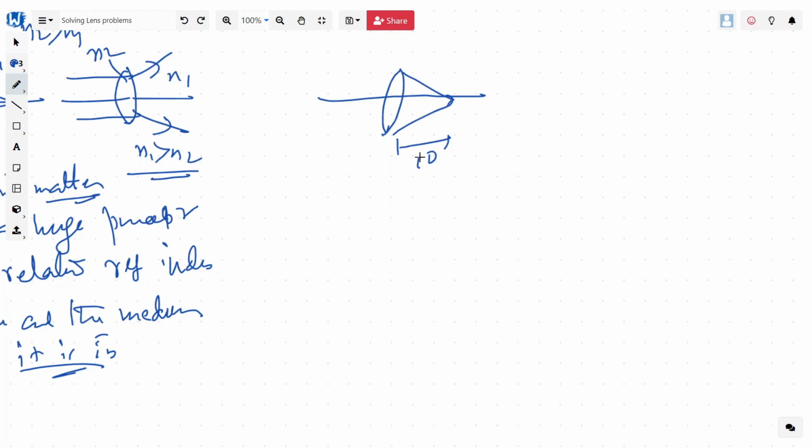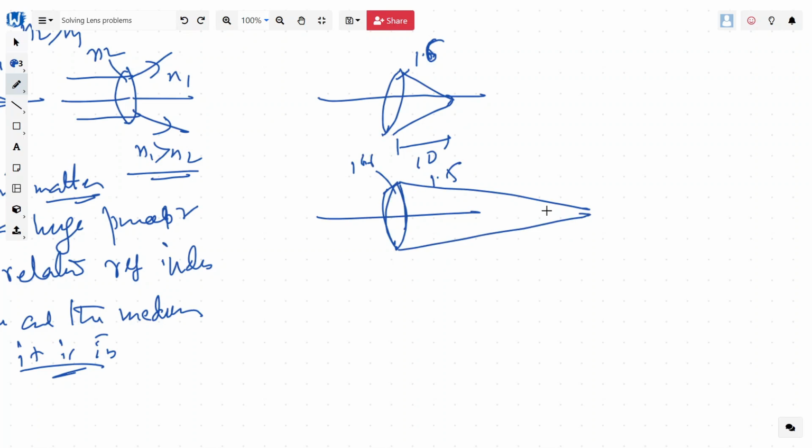Okay. And then when we immersed it in a particular liquid, not much higher, but just very little higher. So the refractive index of the lens was 1.6. We immersed it in a liquid with refractive index 1.5, right? The focal length increased a lot, became 90 centimeters, and we do it the other way around, right?